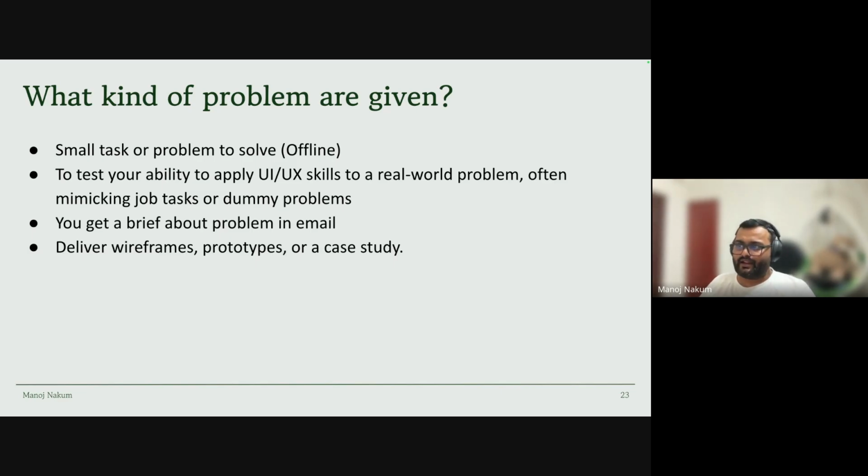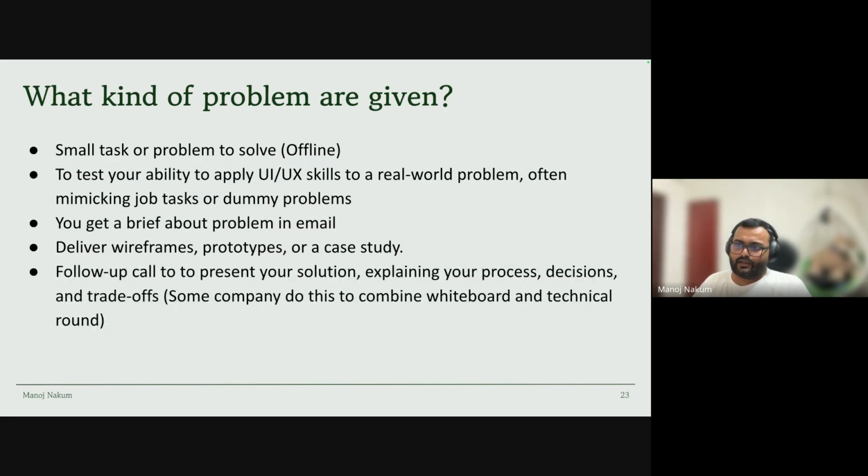And generally, if it is a 2-3 day task, you could be expected to be asked for the wireframe, your research, a case study, anything.